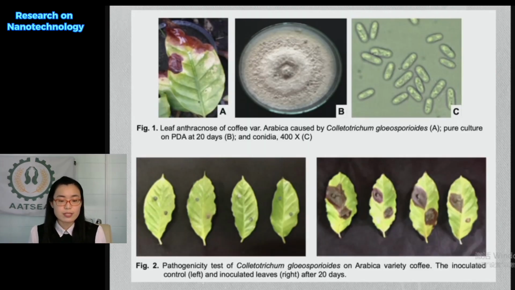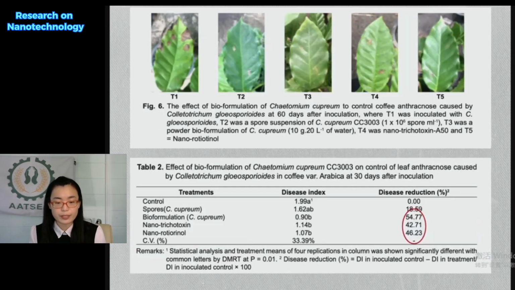And also you can see the coffee anthracnose symptom on the leaf, and you get the pure culture of pathogen and conidia in the upper figure, and in the lower figure, after the pathogenicity test, it proves the pathogen can cause disease of coffee.